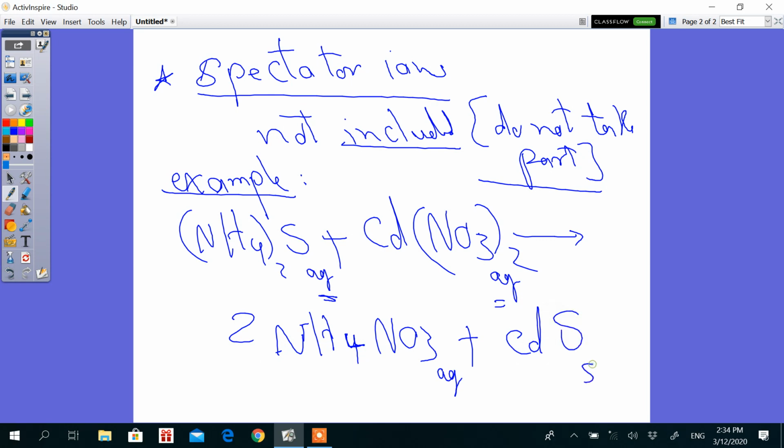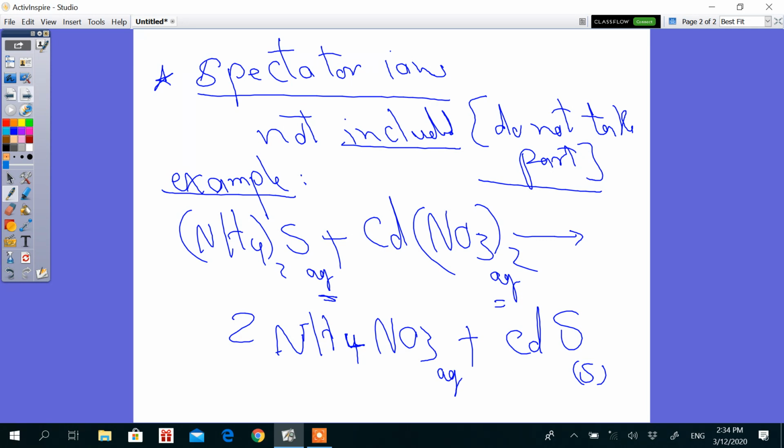Cadmium sulfide is a solid or precipitate. That's not my ionic equation, and if I want to change it to the ionic equation, we did that before, and we will repeat it quickly to know the spectator ions.